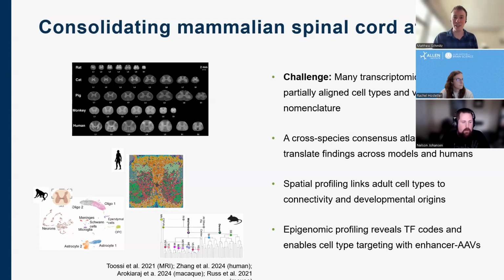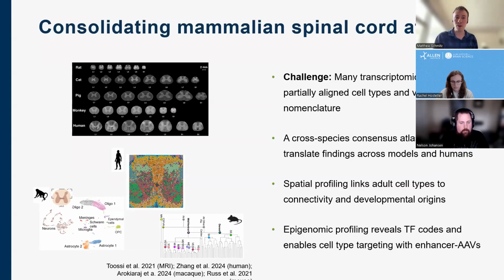Because there's this challenging question of cell types that can align fully or partially when you look across species, and then trying to give them names that will be analogous and recognizable, whether you're looking at a mouse or a human. This is something that a cross-species single-cell genomics atlas can help with, because you can get this very in-depth profile of cells that you can use to translate your findings from model animals to humans.